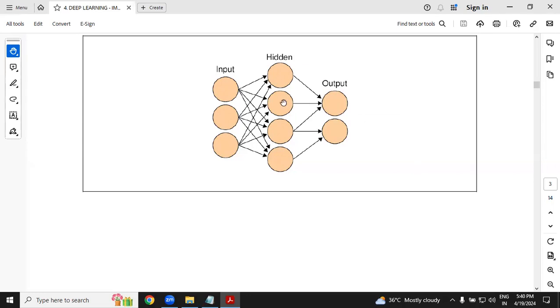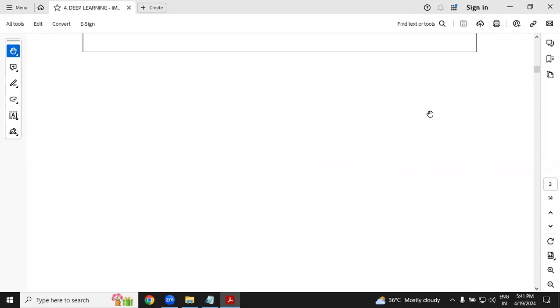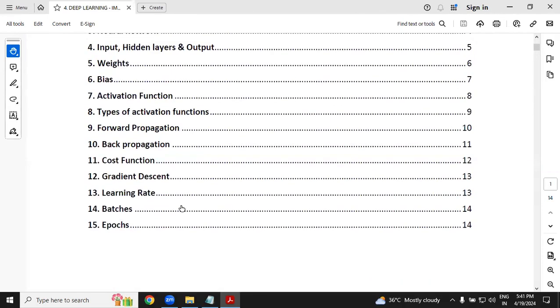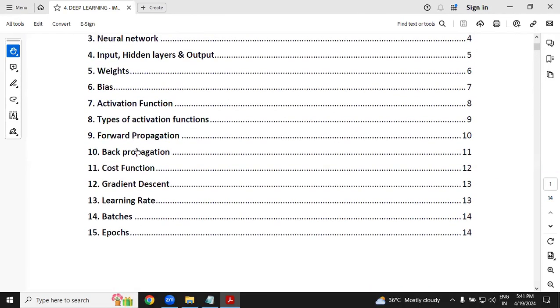Repeating again, if the data travels from input to output direction, that is called forward propagation. If the data travels in reverse, from output to input, that is called backward propagation. We'll see those two terms today, but you need to remember and focus.